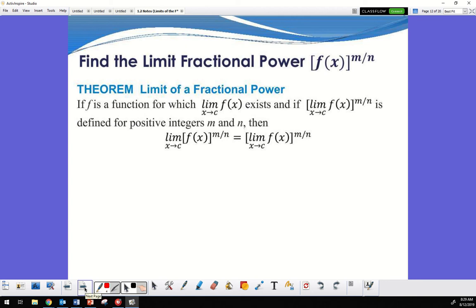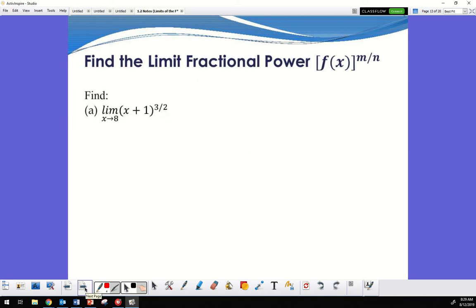All right, this takes me back up to what I was talking about. With my fractional exponent, the top number is my power, the bottom number is my root. And the same thing: do this first and then take your power. Is there a restriction here? Nope.